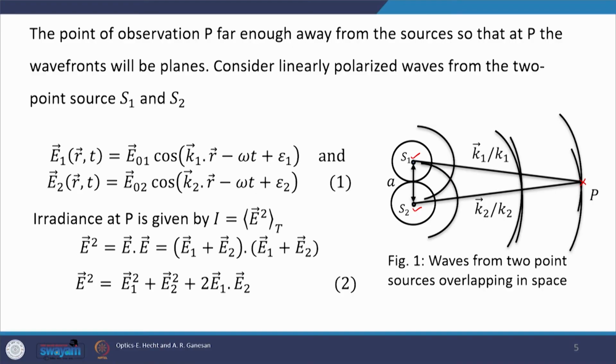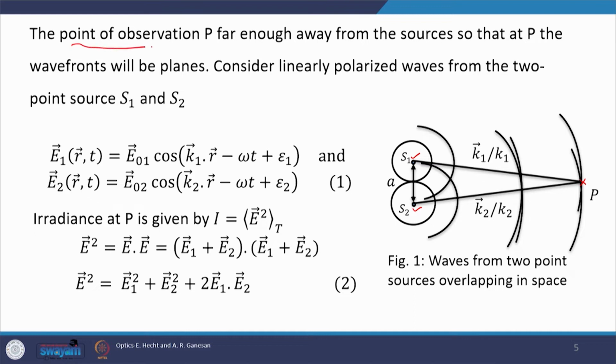The spherical wave fronts emanated from point sources S1 and S2 can easily be treated as plane waves when they reach point P. This is what exactly is written here.